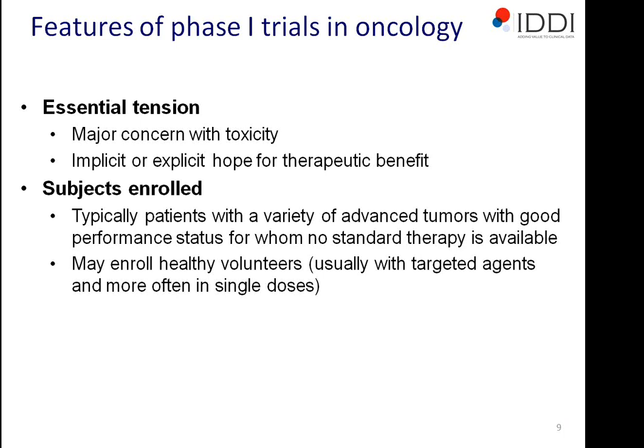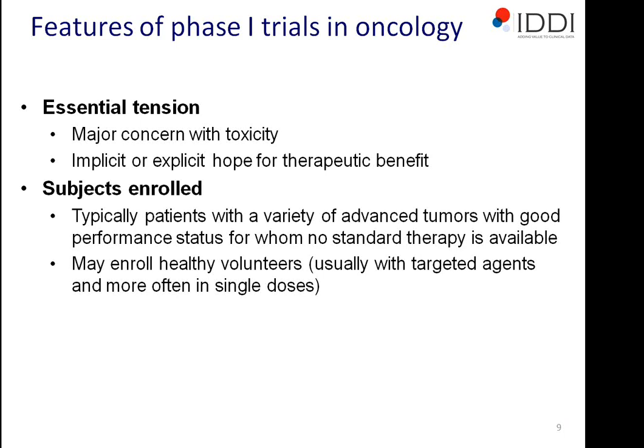Individuals enrolled in phase 1 trials, unlike other areas in medicine, are typically patients, in this case cancer patients. In other areas in medicine, as you know, healthy volunteers are often the subjects included in phase 1 trials.